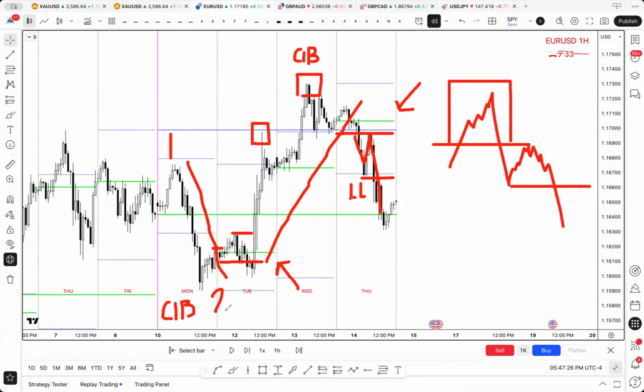Step two, peak formation low. Step three, higher highs on the back side. Or step one, this is the most recent peak formation low. Step two, peak formation high. Step three, lower lows on the back side for the pump and dump.